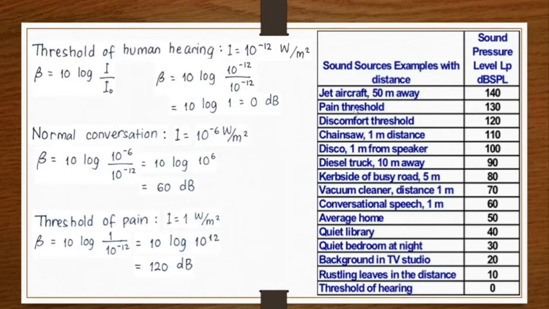And this is the threshold of pain, 130, or discomfort threshold, 120 decibels. And for a jet aircraft 50 meters away, you will hear 140 decibels. Those are examples of sound sources. Quiet library will be only 40 decibels and so on.